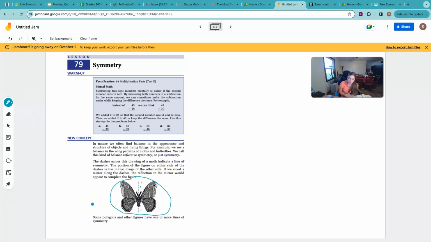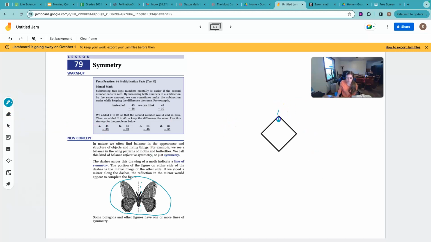Some polygons, shapes and other figures might have one line of symmetry, or they might have many lines of symmetry. So for example, let's take a look at this diamond. It's really just a square that's been skewed. Let's see how many lines of symmetry we can find here.